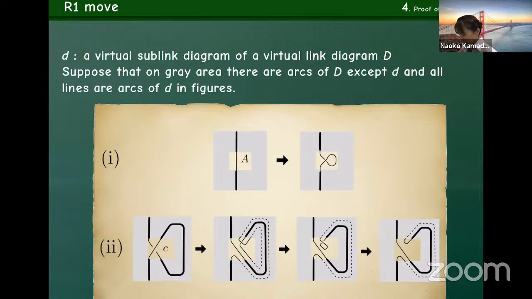So we apply Leitmeister R move 1. There is a small area, which is nothing. There is no arc. Then we can apply the R1 move, this R1 move.